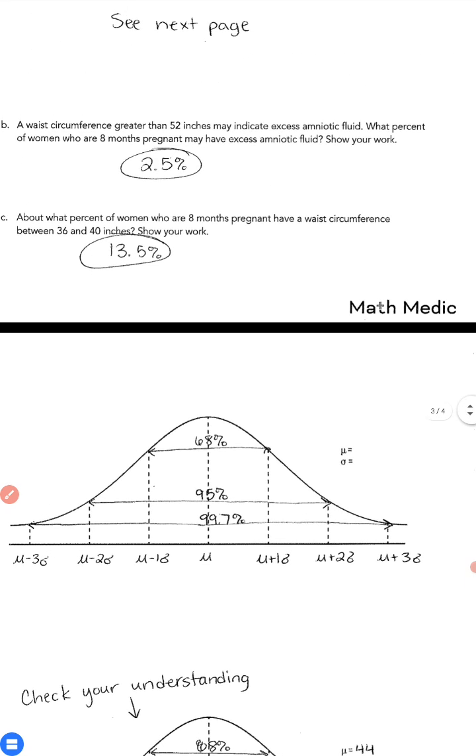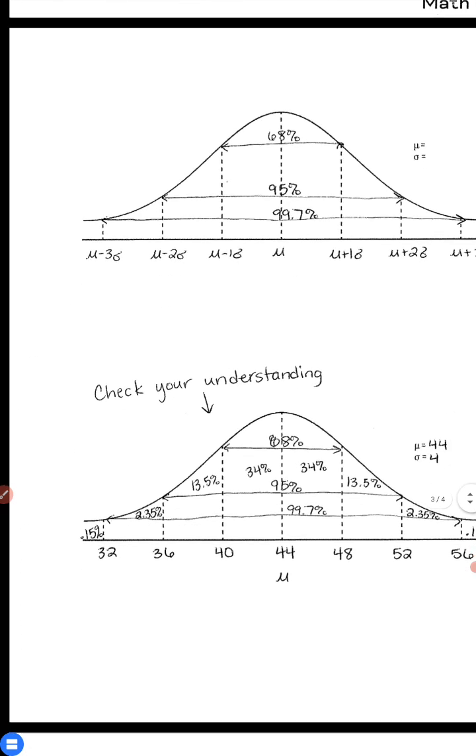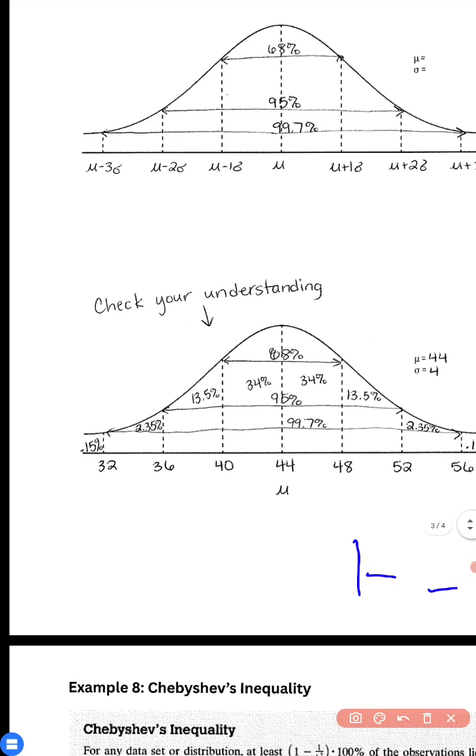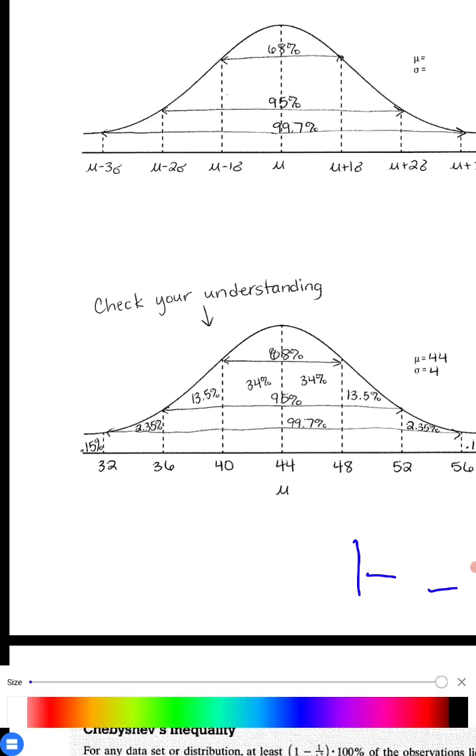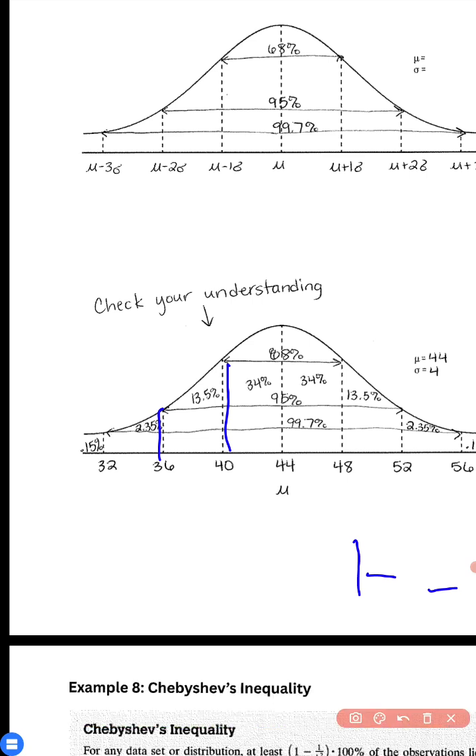So the next question is about what percent of women who are 8 months pregnant have a waist circumference between 36 and 40 inches. So I actually already have that filled in. Here's 36, here's 40. 13.5% of people fall in that bracket. And again, I just want to reiterate how I knew that.